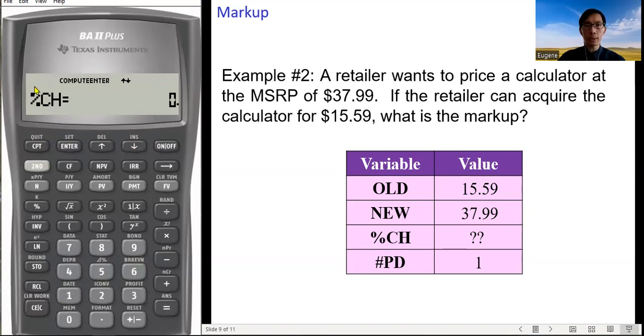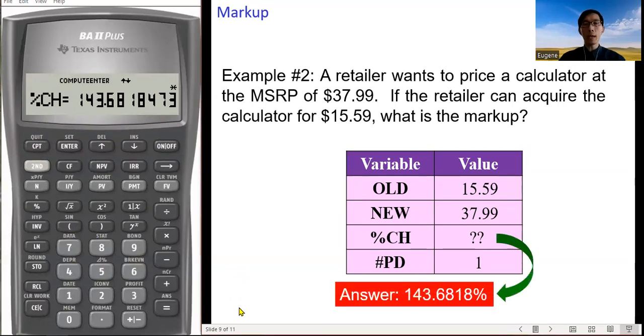We need to compute it. And then PD equals 1. Press the up or down arrows to get back to the percent change variable. Press the CPT button to get the answer. The markup is 143.6818%.